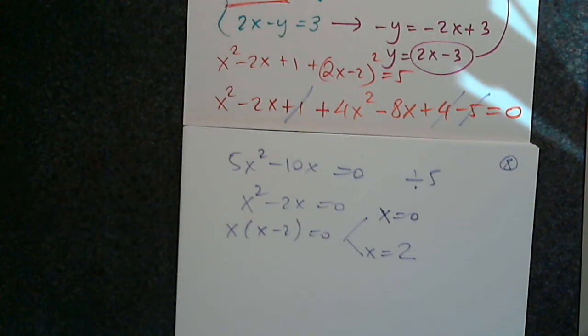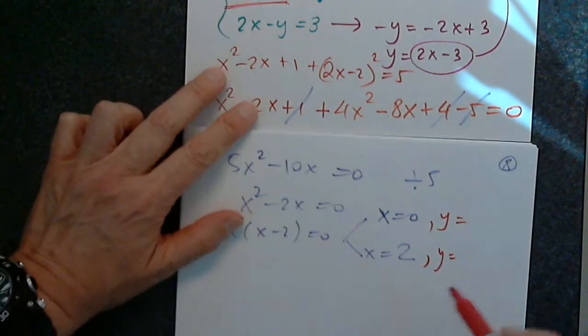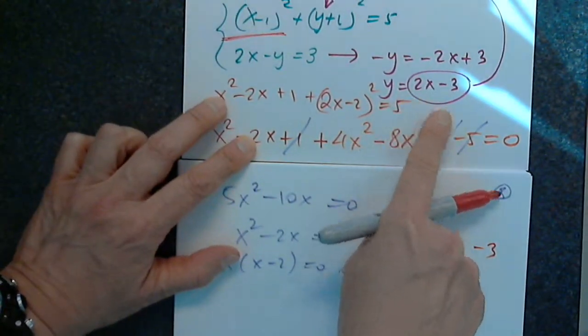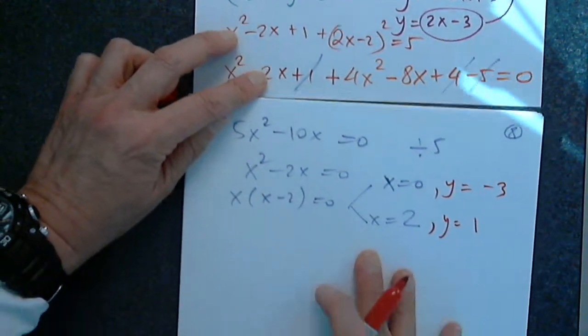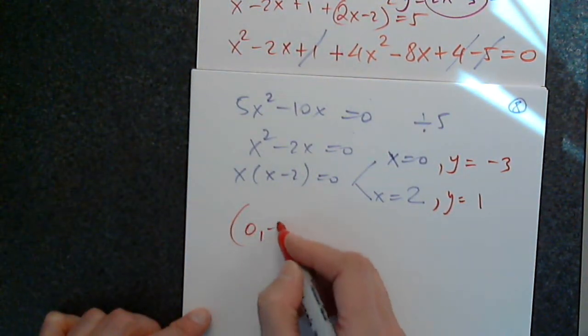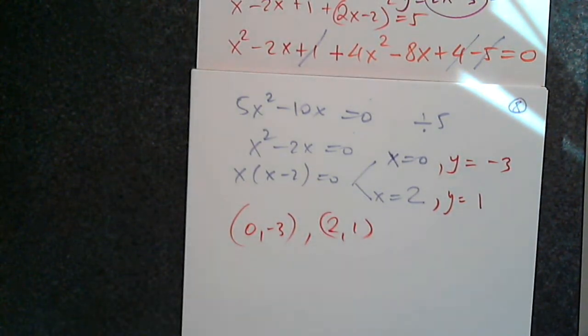Indeed. That's good, but it's not good enough. You have to have the y values, but not a big deal. 0 minus 3 is negative 3, and 4 minus 3 is 1. So the solutions appear to be 0 comma negative 3, and 2 comma 1.